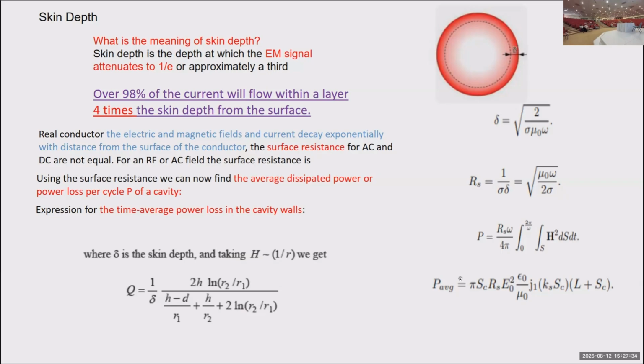For copper at about 300 kilohertz, it's about 6 microns.